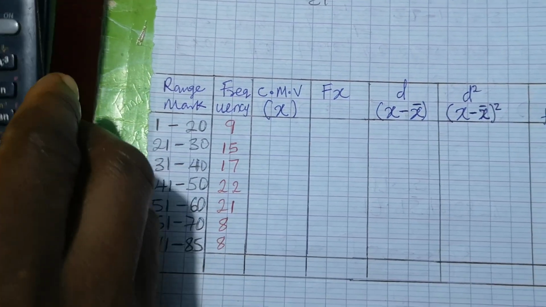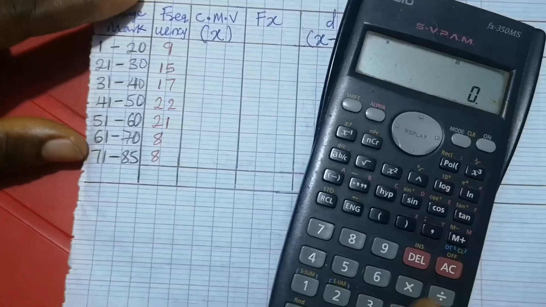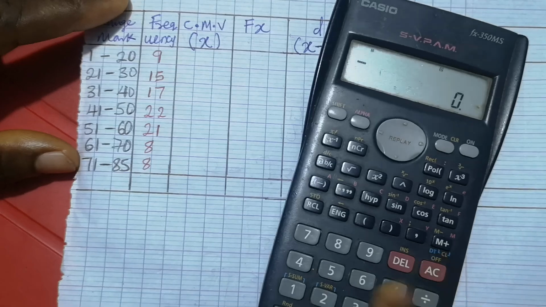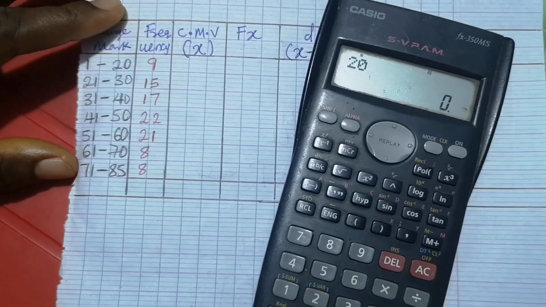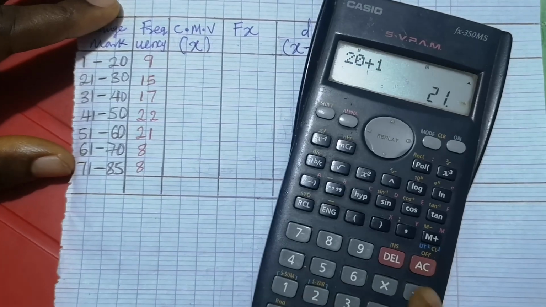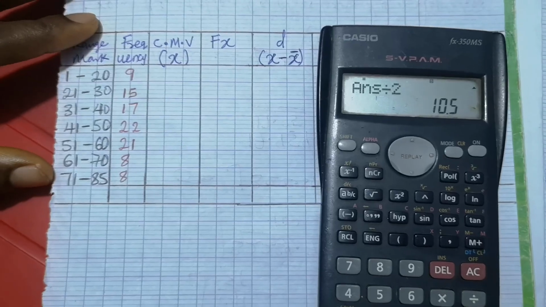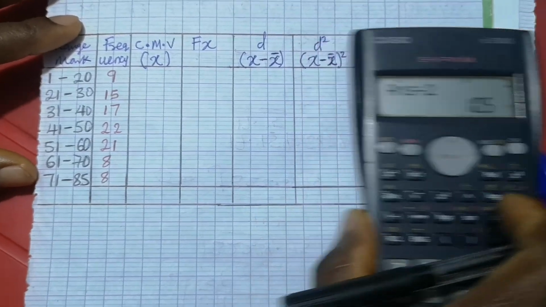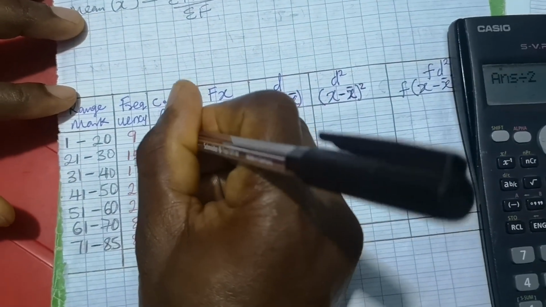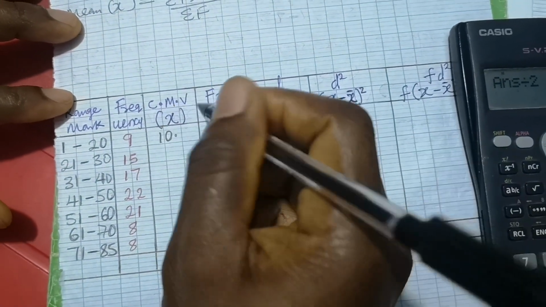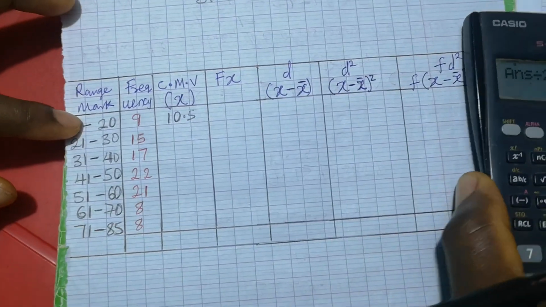Okay, so look at it here. 20 plus 1 is 21, divided by 2 is 10.5. So here will be 10.5, our center mid value for the first class.